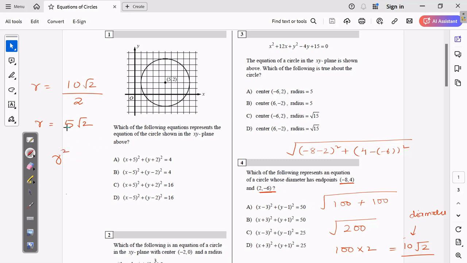So what will be the square of this? 50? Because 25 times 2. Yes, 5 square is 25, and square of root 2 is 2. So 25 times 2, it would be B. Okay.